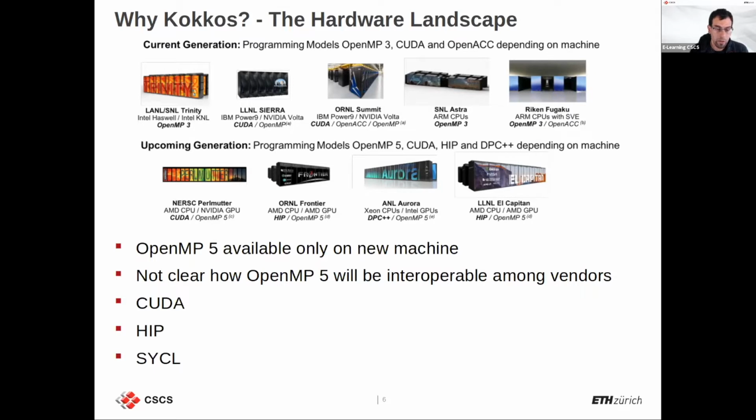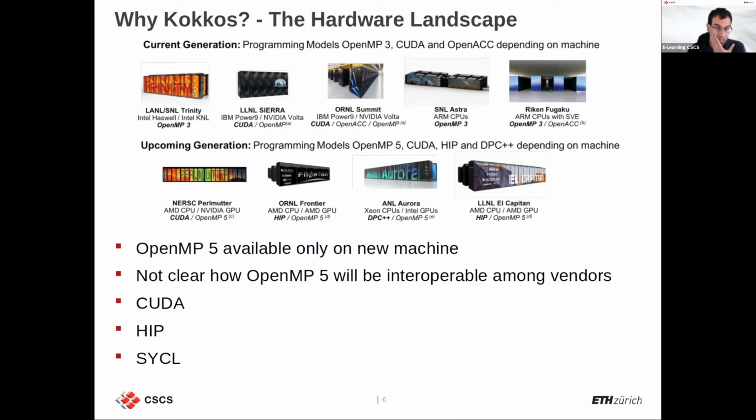There is RAJA, there is OCCA, there is OpenMP 5, and probably the most mature among RAJA, OCCA and other libraries is definitely Kokkos. But there is still OpenMP target, probably you already heard of it. That will be for sure available on the new machines like the NERSC Perlmutter or the Frontier or Aurora or El Capitan.